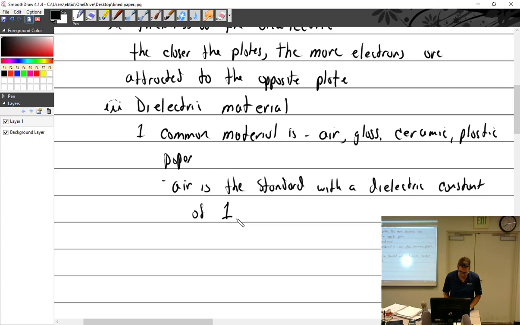Let's see. We need to write this. Dielectric strength, the ability of a dielectric to resist breakdown, known as leakage. Yeah, we probably should, because they do talk about leakage. A, air is the medium.